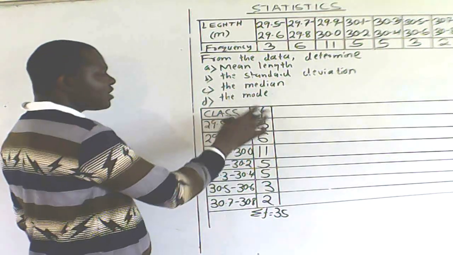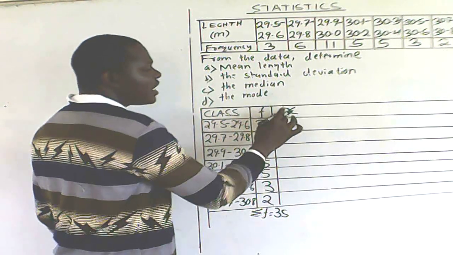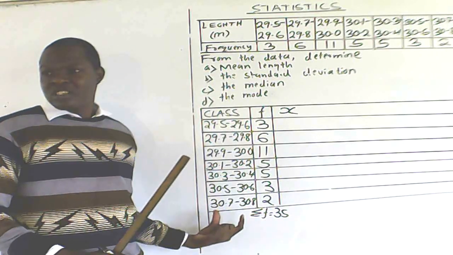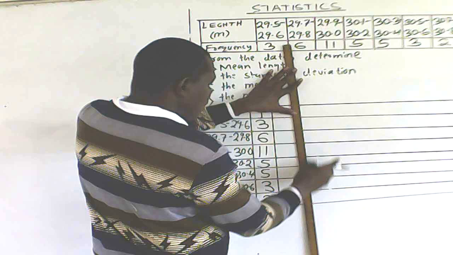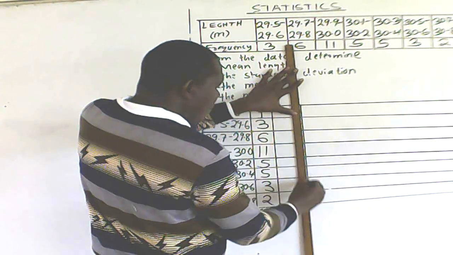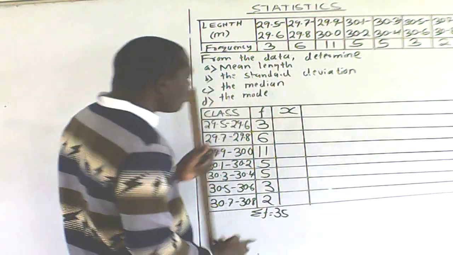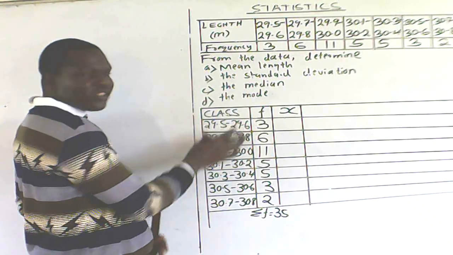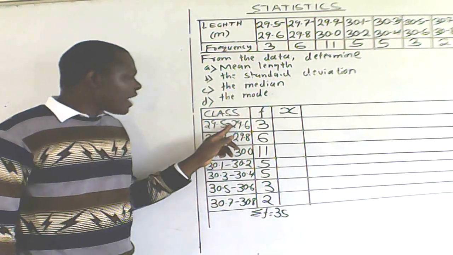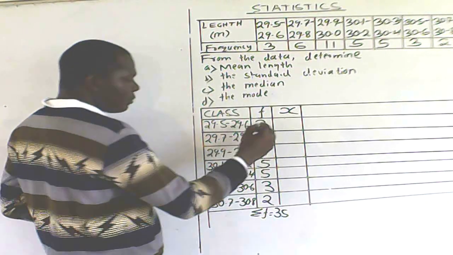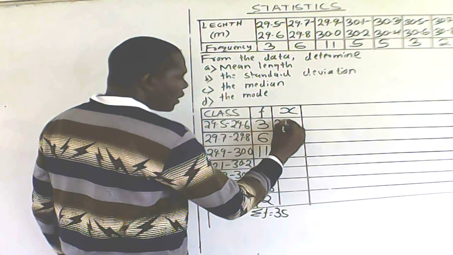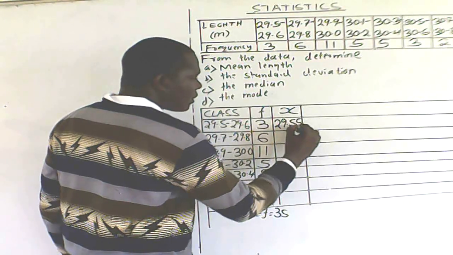After frequencies, we need x, the data value representing each class. Each class must be represented by a single value, and that x is the midpoint. So what is the midpoint of this class? It is the average. 29.5 plus 29.6 divided by 2, you get 29.55.